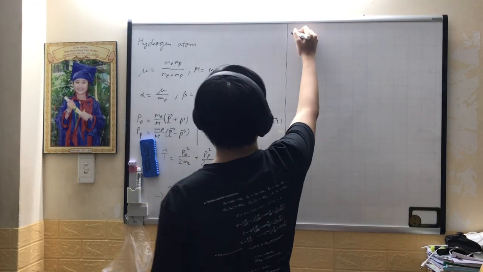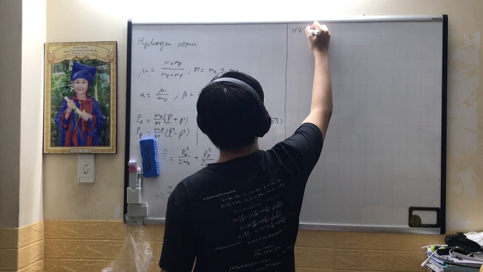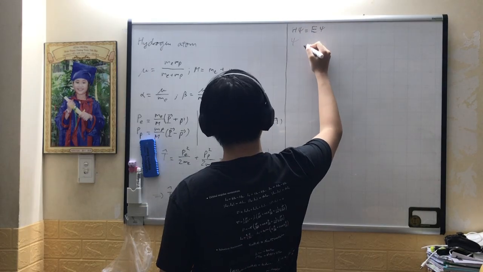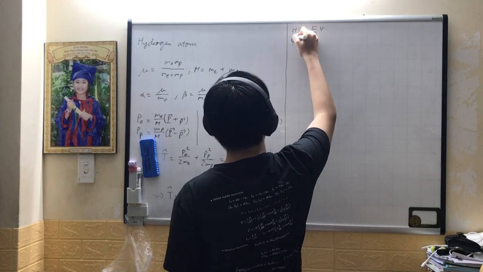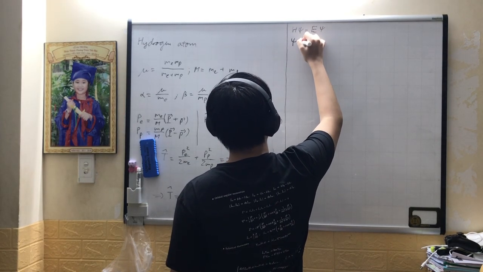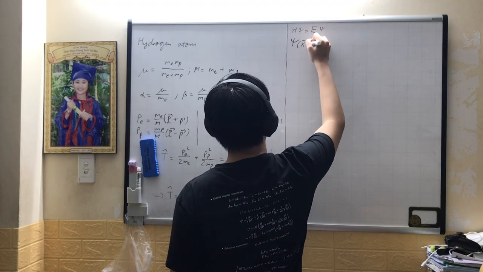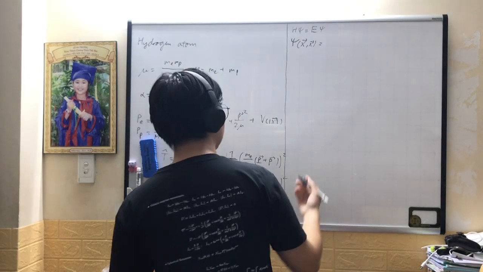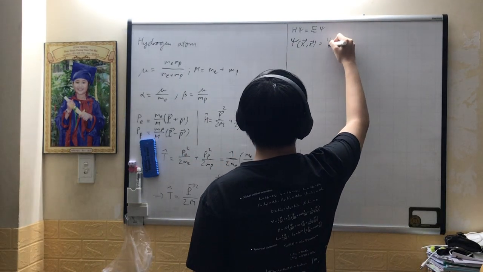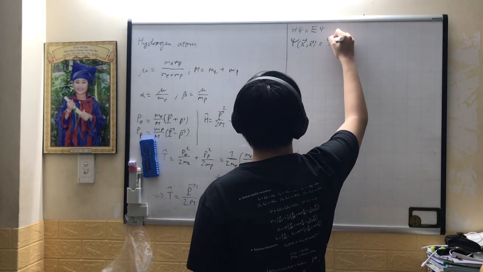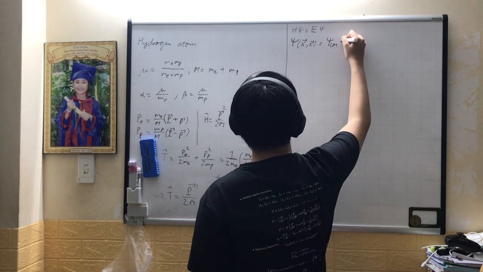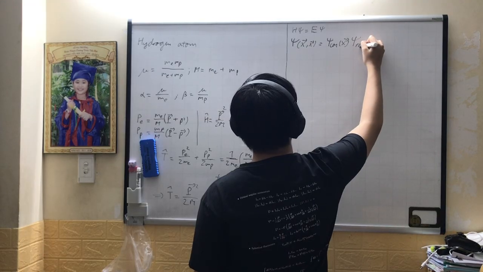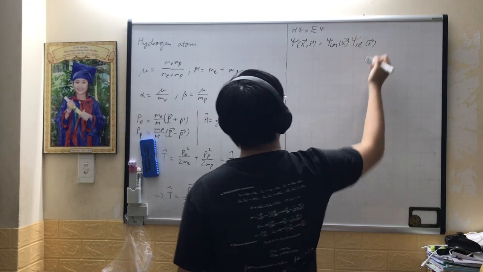So our Schrodinger equation will be like this, and your wave function, which is previously a function of big X and small x, we can split into the psi center of mass of big X and the psi relative of small x.